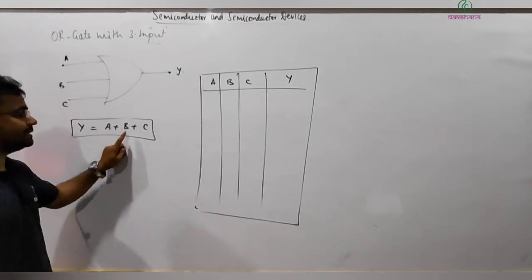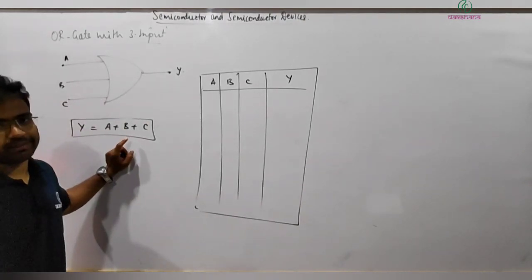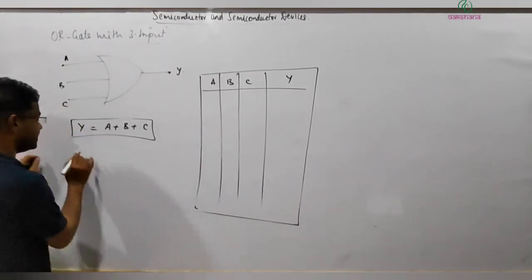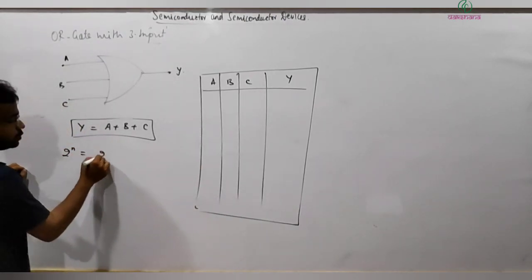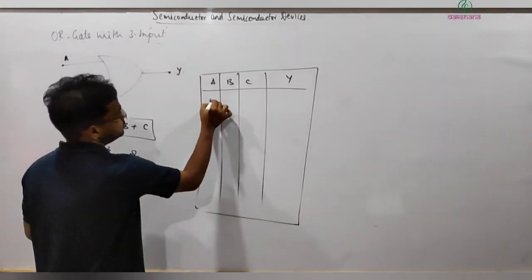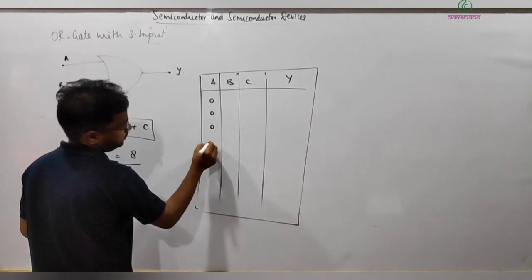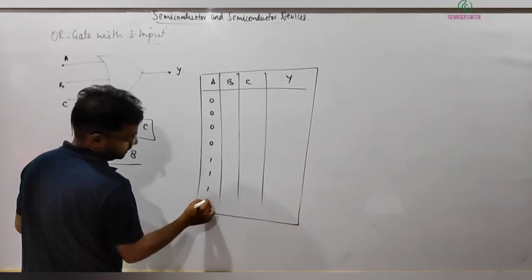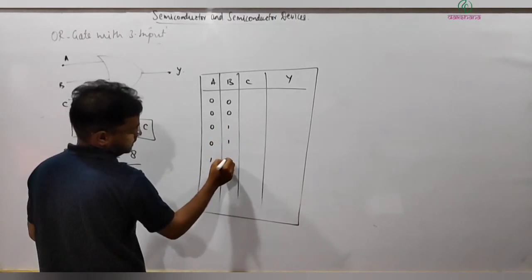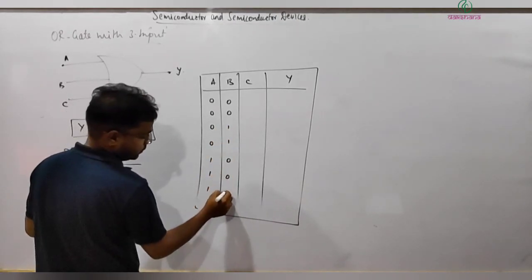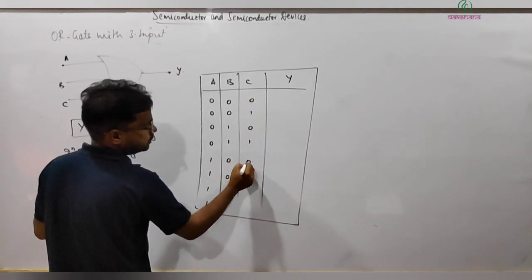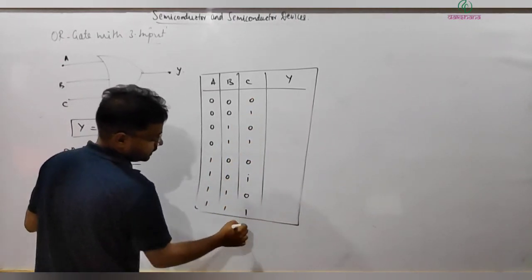Another thing is that here we have three input variables. So how many possible combinations will there be? That is given by 2 raised to the power n, that is 2 raised to the power 3, which is equal to 8. So here it will be 0, 0, 0, 0, 1, 1, 1, 1, then 0, 0, 1, 1, 0, 0, 1, 1, and then 0, 1, 0, 1, 0, 1, 0, 1.